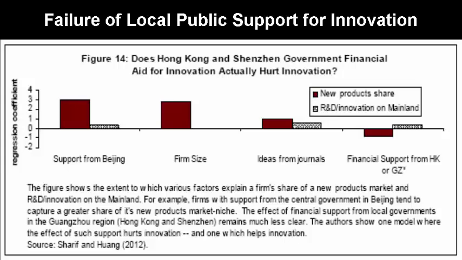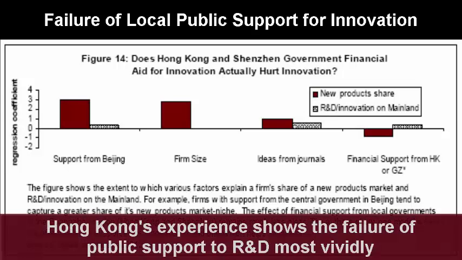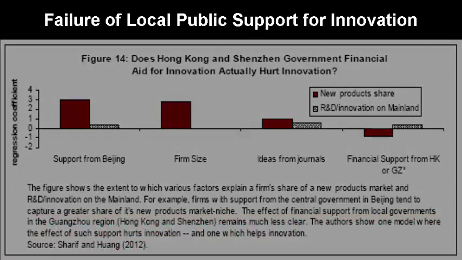Unsurprisingly, firm size seems to correlate most strongly with new products market share, even if such firm sizes endow no particular benefits to companies engaging in R&D or innovation. Thus, these studies and studies like them tend to suggest that government subsidies hurt rather than help innovation in what we call the Qianhai region.